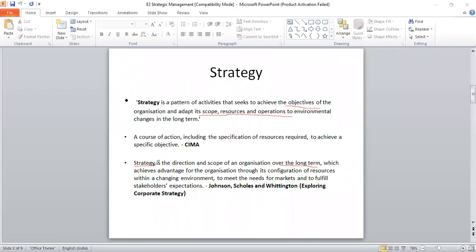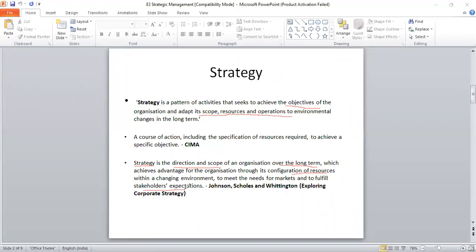So over this long period of time, what is the direction and scope of the organization with which they will be able to achieve the organization's objectives, which achieves advantage to the organization through its configuration of resources within a changing environment, to meet the needs of markets and to fulfill stakeholders' expectations. Stakeholders we will discuss a little later.